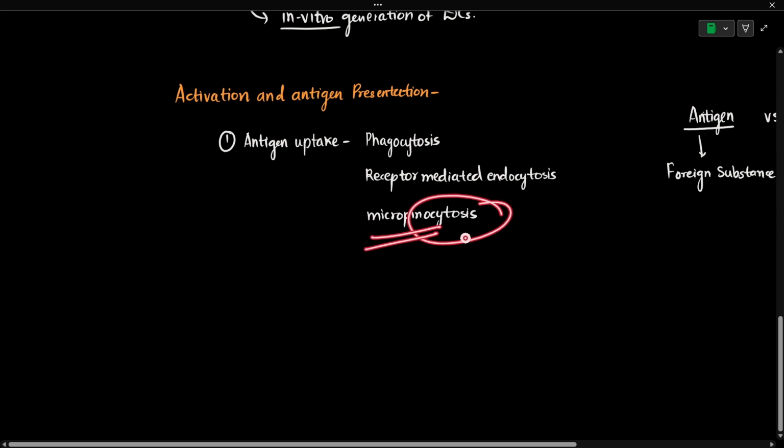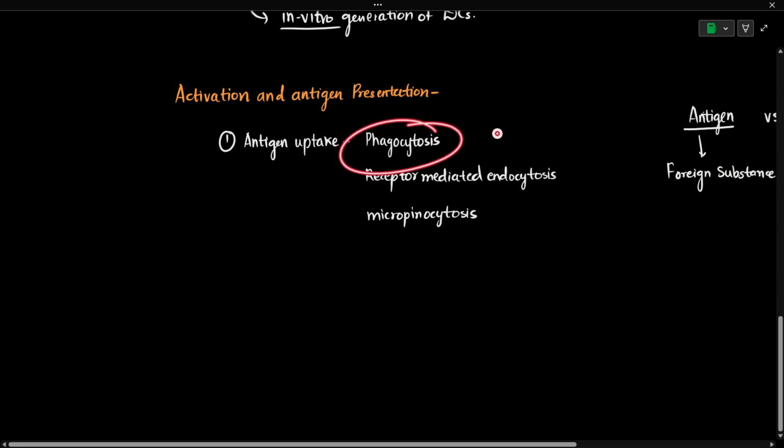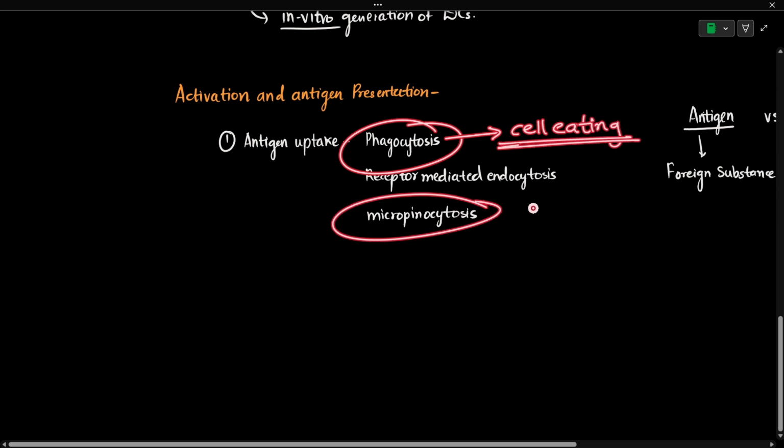The cell engulfs the extracellular fluid, so that this fluid, as well as the substances dissolved in it, is taken inside the cell. So if phagocytosis is cell eating, then pinocytosis is cell drinking.